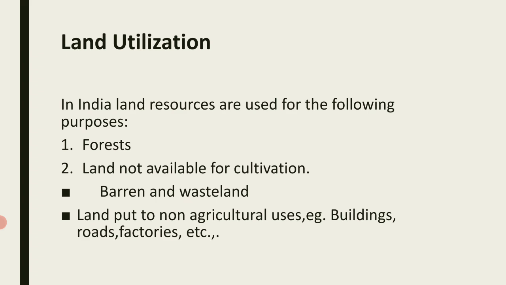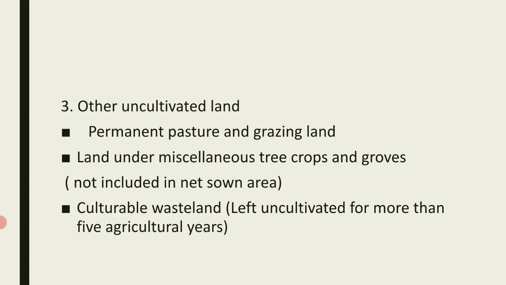The second point is land not available for cultivation, it is barren and wasteland. Land put to non-agriculture uses, for example buildings, roads, factories, industries, etc. The third point is other uncultivated land, permanent pasture and grazing land. Land under miscellaneous tree crops and groves, which is not included in net sown area.